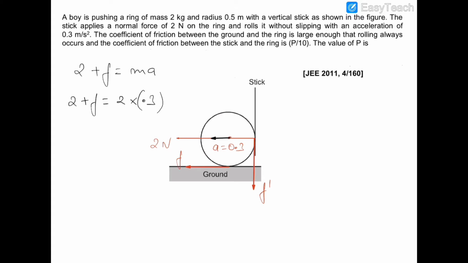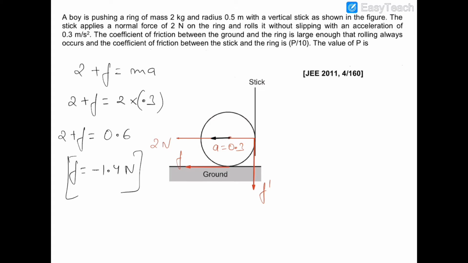So you can see that 2 plus F is equal to 0.6. So F is equal to minus 1.4, which means that this friction is acting in the reverse direction, because we have assumed it to be acting in the forward direction and it is coming out to be negative. So this friction is acting in the reverse direction.